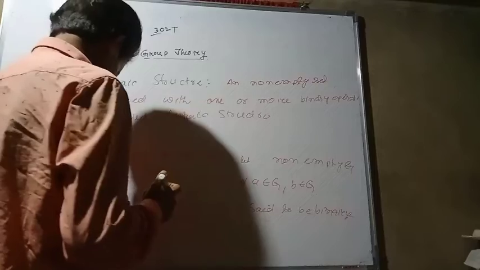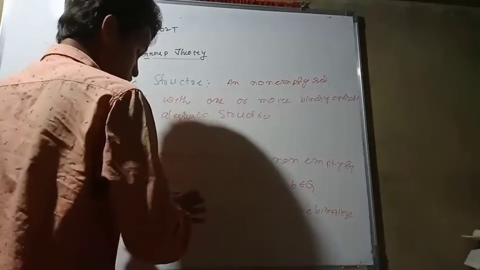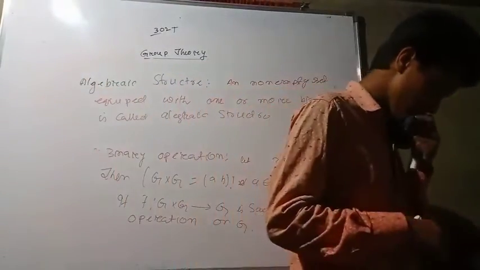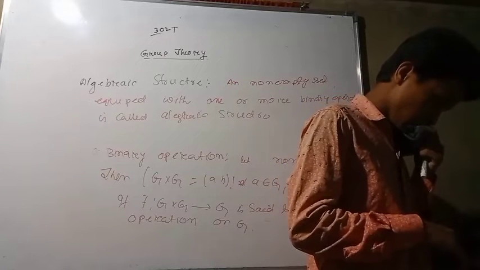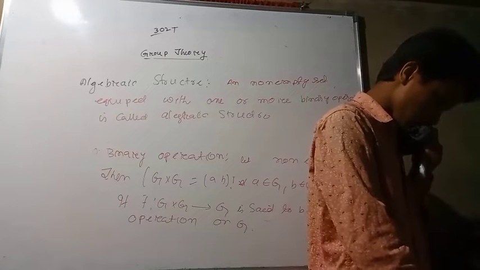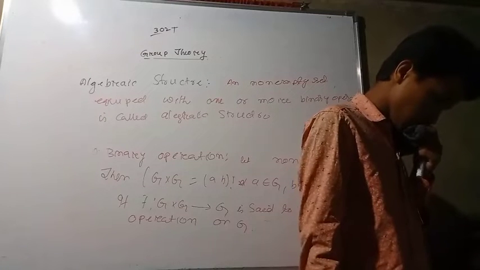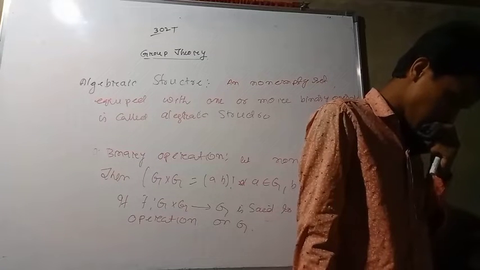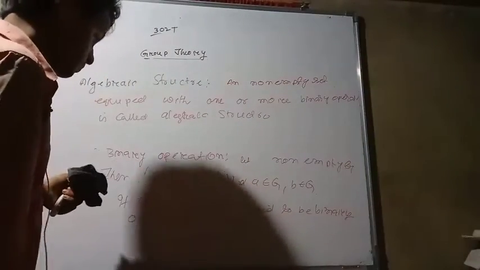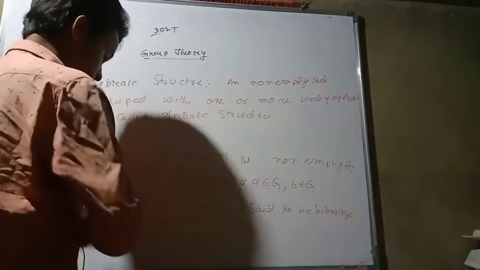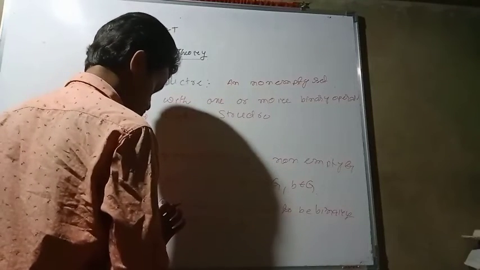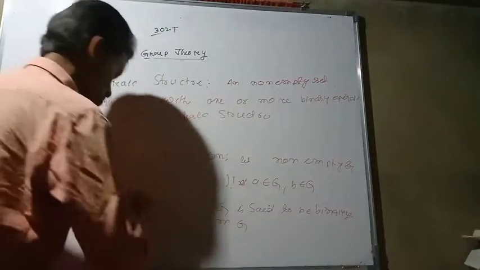Basically this is the mapping of a function, and this is the image of the function.